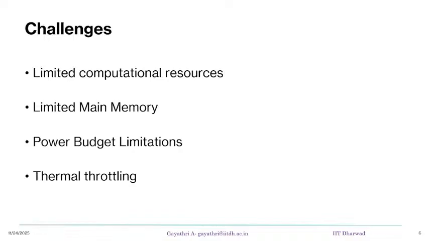So basically you have a SoC, right? The SoC has a power budget, and it is designed to withstand only up to some temperature. If it goes more than that, say 70 degrees, then your chip would burn, right, if you don't do anything.